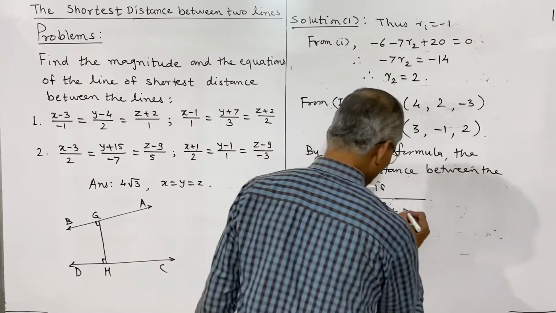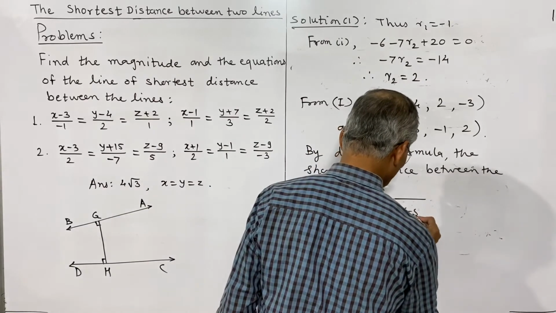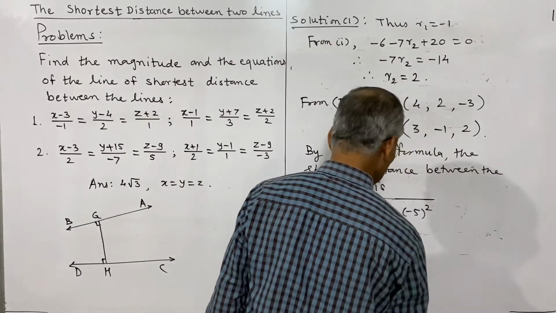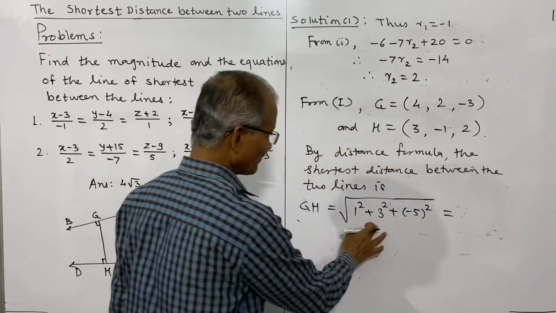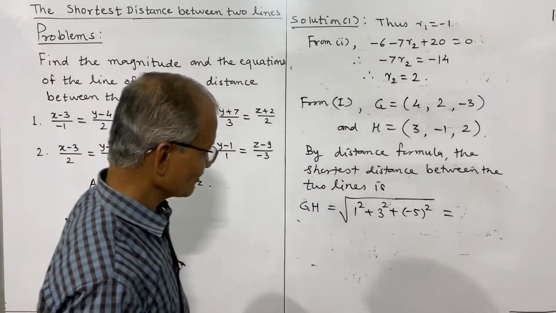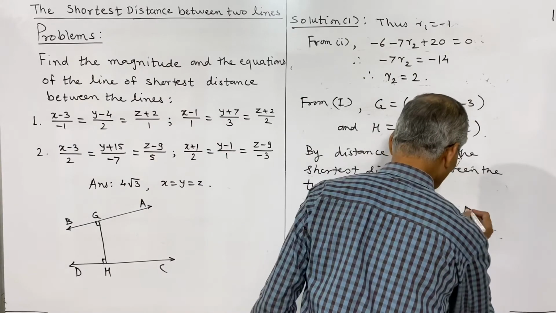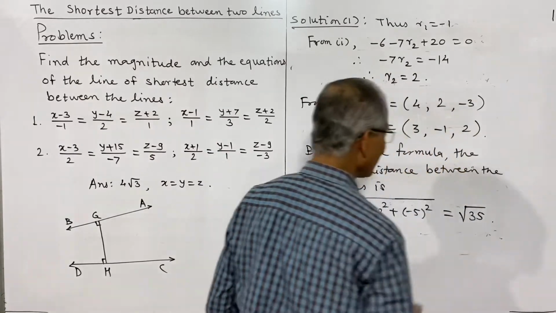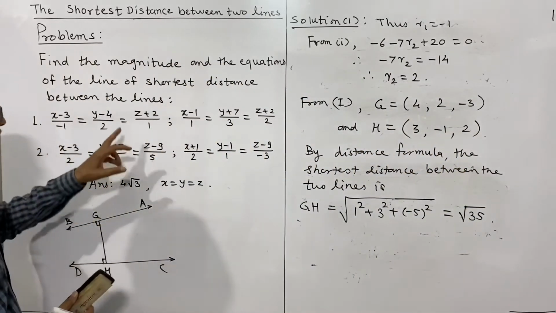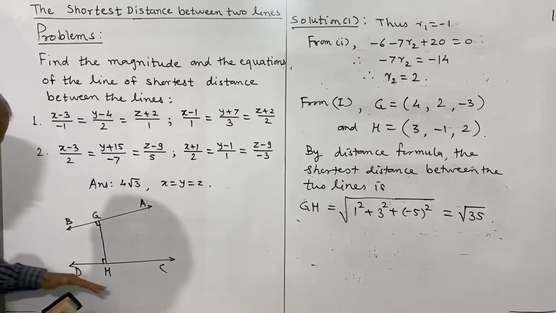This becomes 1 plus 9 plus 25, that is 35. Root 35 is the shortest distance between these two lines, AB and CD.